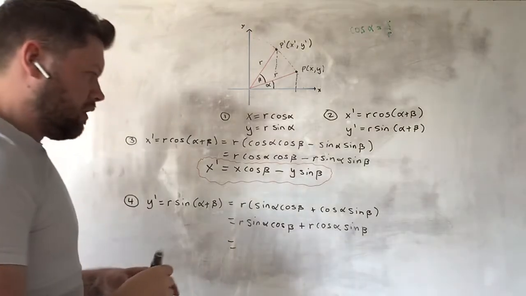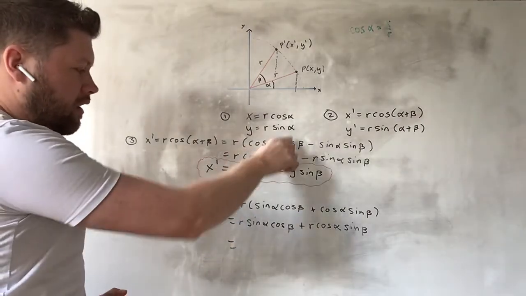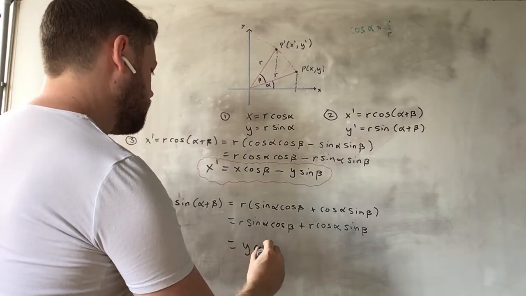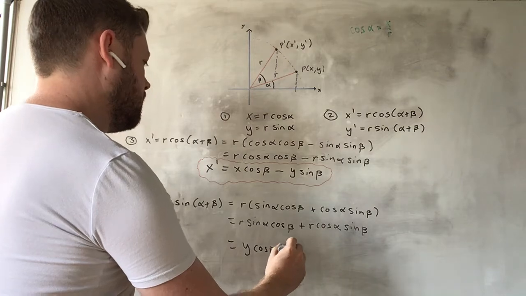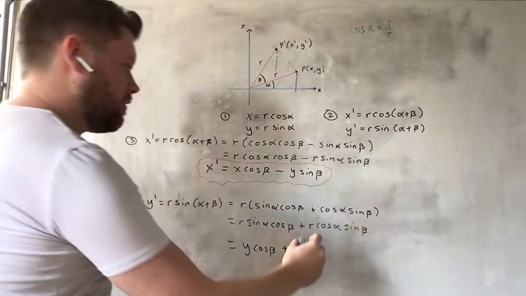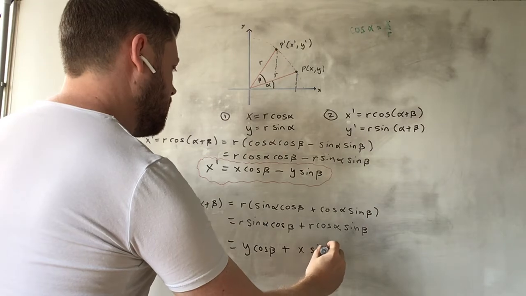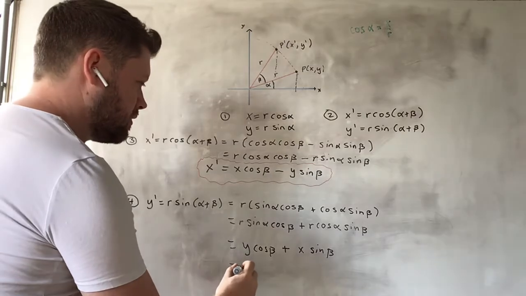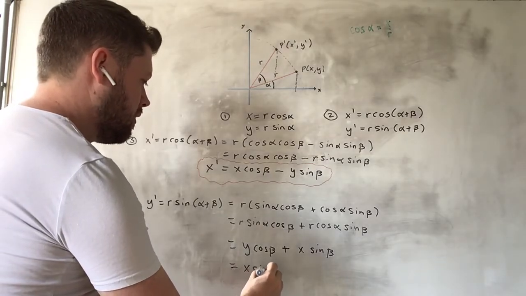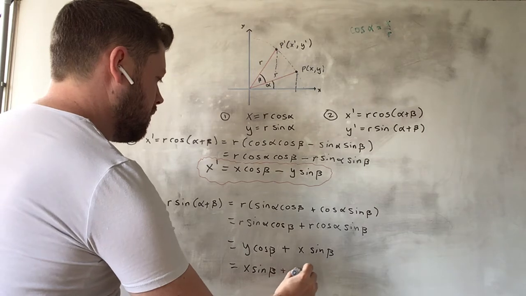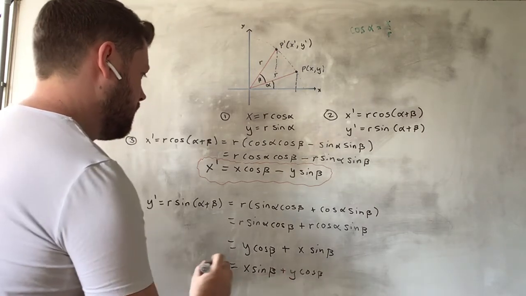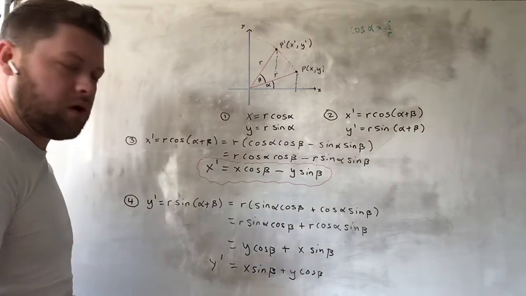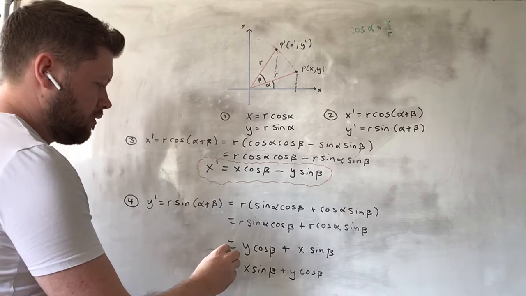Okay. Now you'll notice again that r sine alpha is y. So this is y cosine beta plus r cosine alpha is x, so it's x sine beta. Okay, and then just rearranging this, you get x sine beta plus y cosine beta. Okay, that's our y dash.